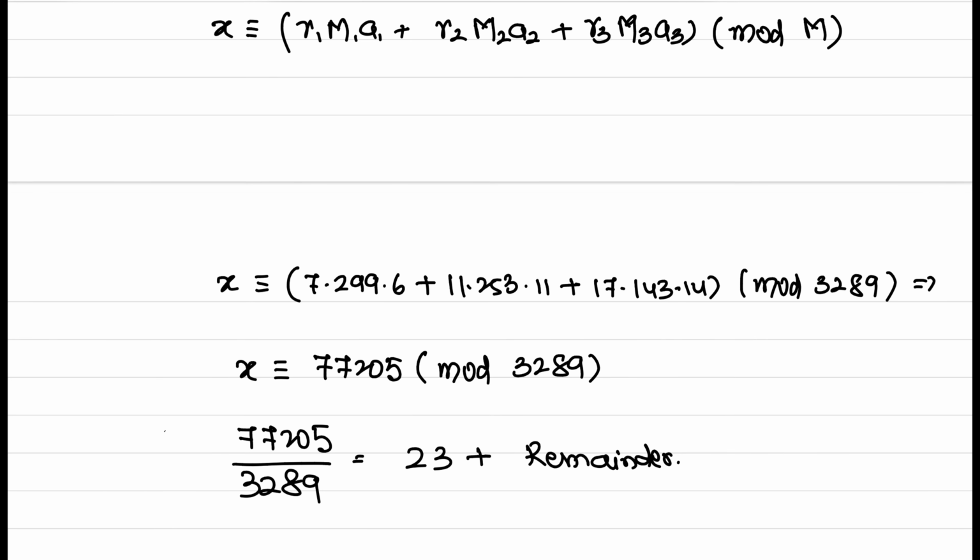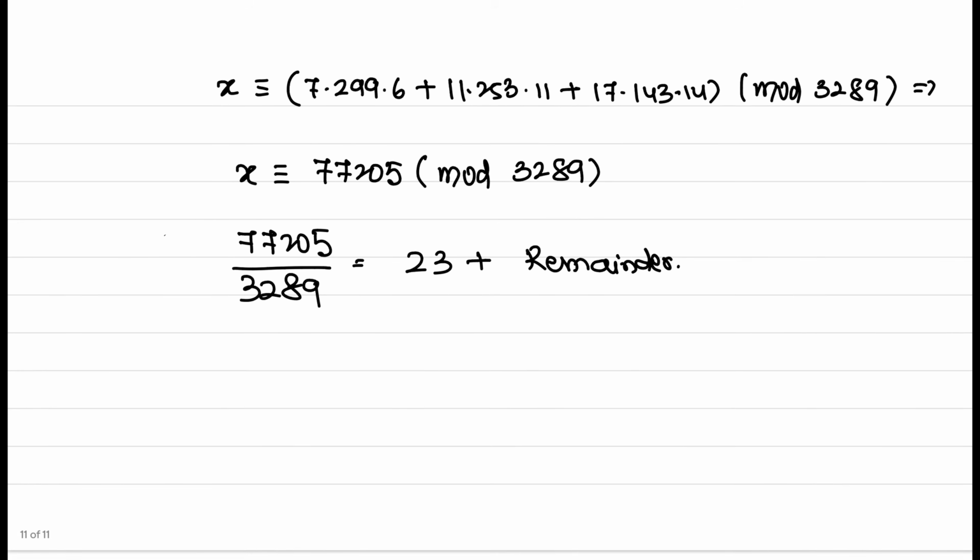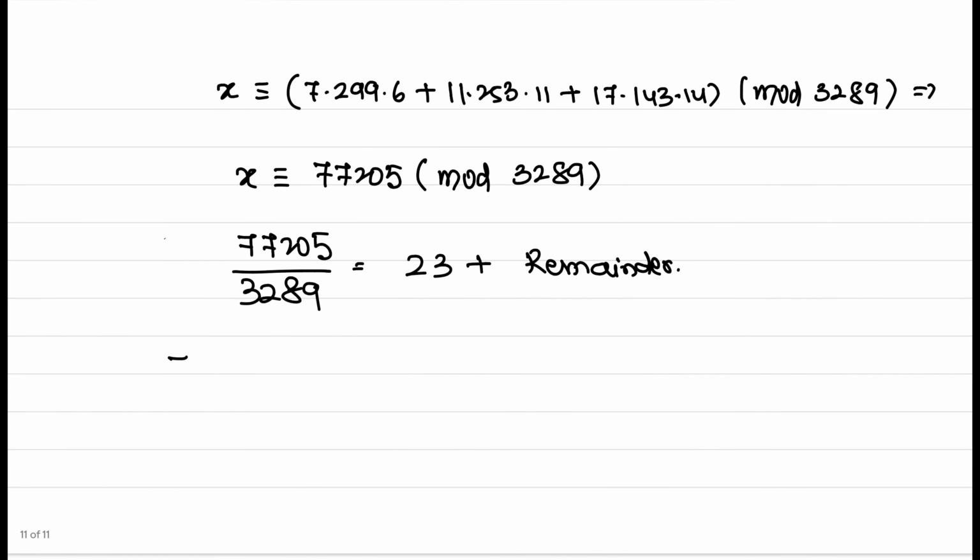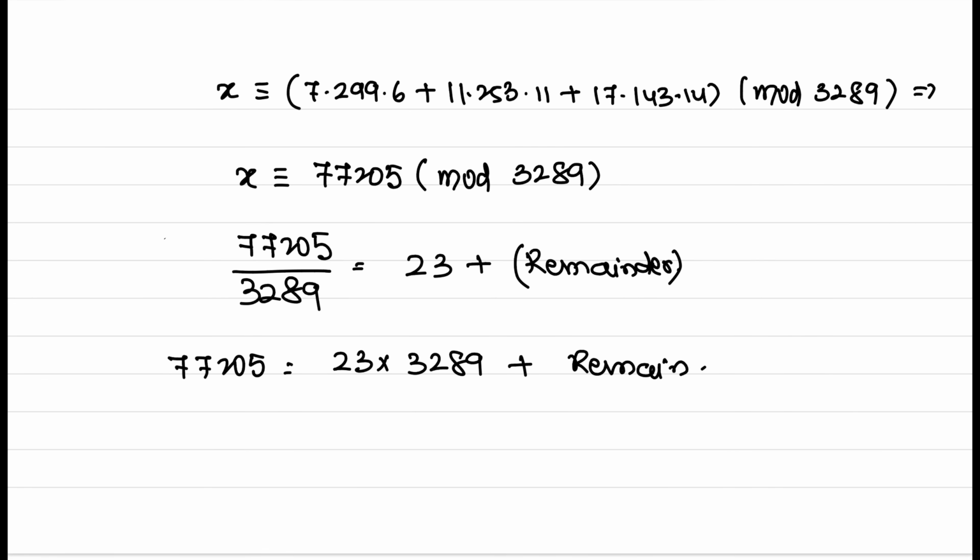That means 77205 is equal to 23 into 3289 plus some remainder. That remainder we have to find out.